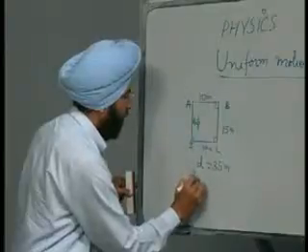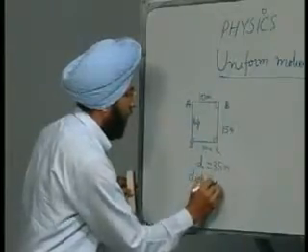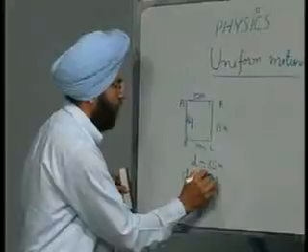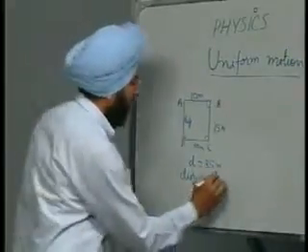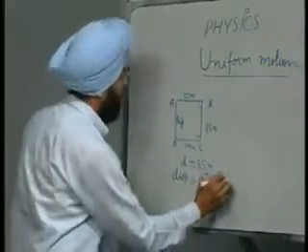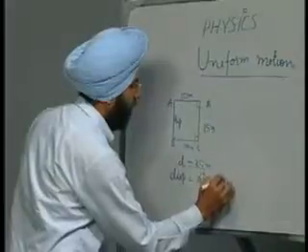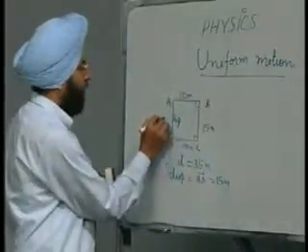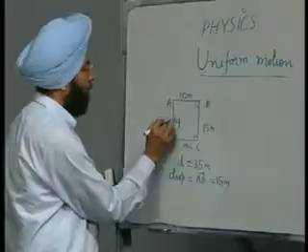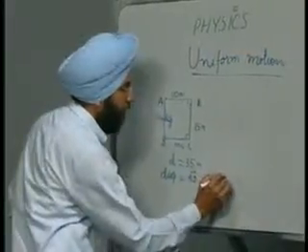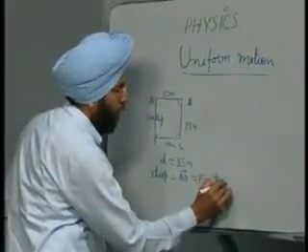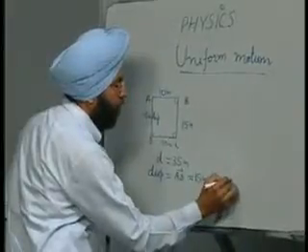Displacement is AD. Magnitude of AD is 15 meters, and direction from A to D.